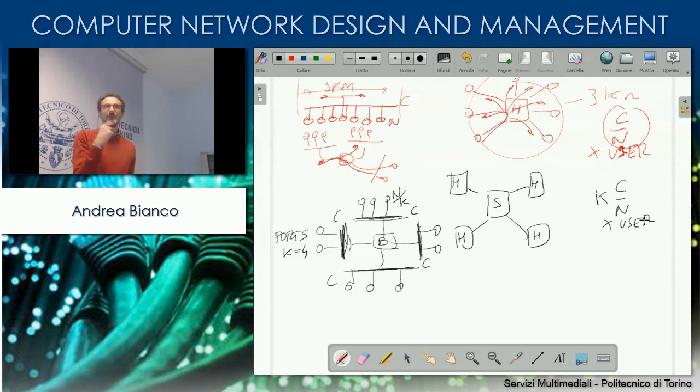So we have K segments, on each segment N over K users, so the total number of users is N. The rationale behind this number is that if in the previous case with a single channel and N users we could hope at best to obtain C over N per user, since we have an increase in capacity by K, in the best case we would expect to see an increase in capacity per user by a factor of K. This is why I'm coming out with this number. Now the question is, are we always able to do that or not, or it depends or what? Remember that 90% of the time the right answer is it depends. So, okay, it depends on what?